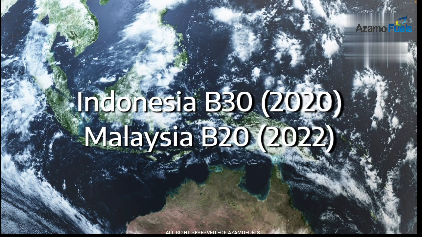Malaysia has a view this year to bringing about B20, so 20% biodiesel mix. Now, there are a couple of drivers behind that. One, these countries tend to import a lot of diesel, and so they want to rely less, right? And as it happens, they have huge palm plantations, right? So they have a rich plant source to be able to derive biodiesel from.